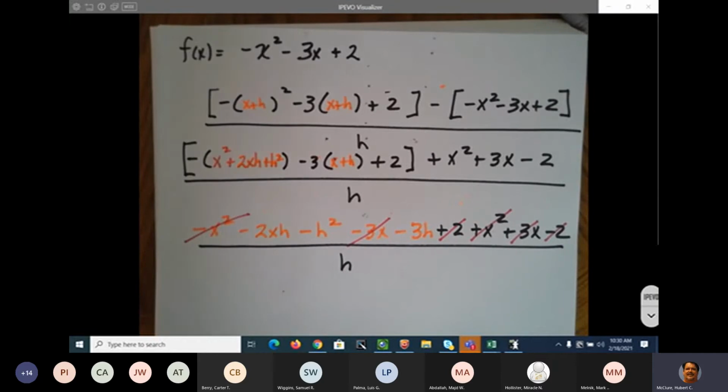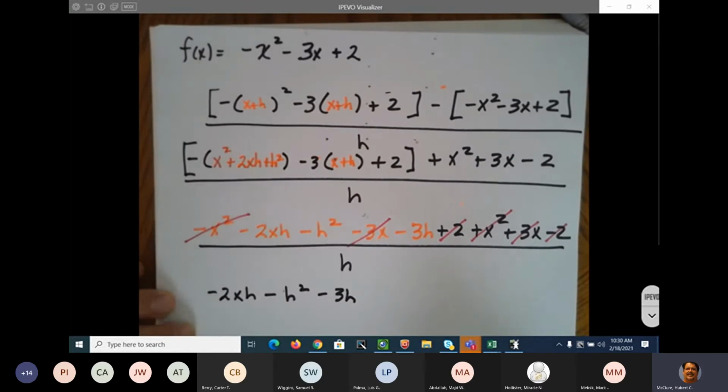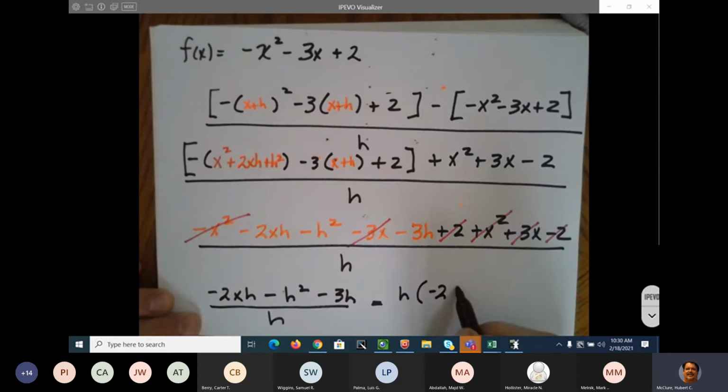And I'm going to take my handy dandy black pen, and I get negative 2xh minus h squared minus 3h all over h. And I'm going to factor out an h. Negative 2x minus h minus 3, over h.